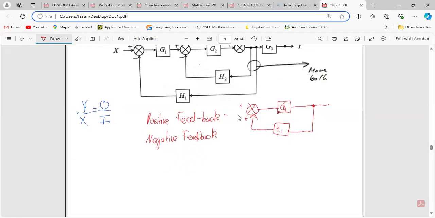Because two signs here are positive, we're coming back, going into a positive. So the equation for that is just g1 over 1 plus h1 g1.